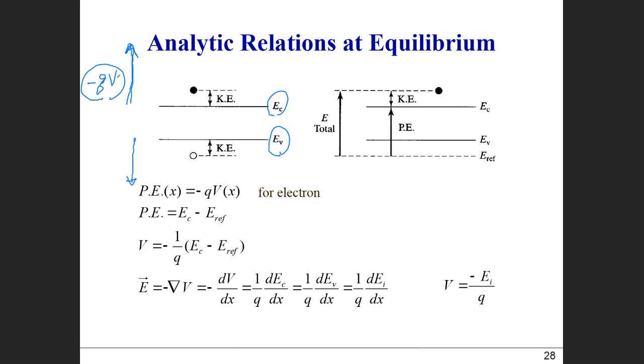In other words, we understand it this way: when an electron gets energy, it moves in this direction. When a hole gets energy, it moves in this direction.